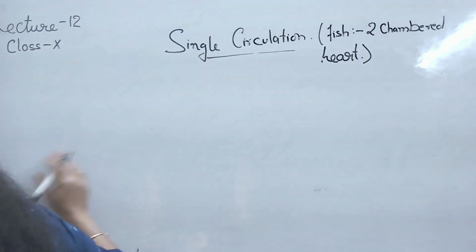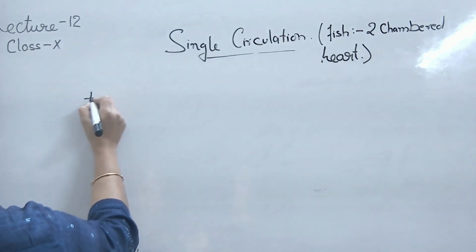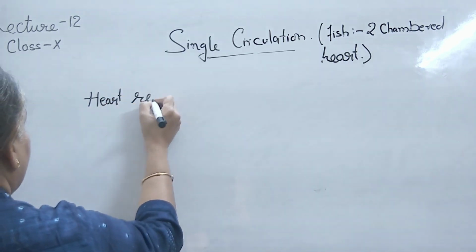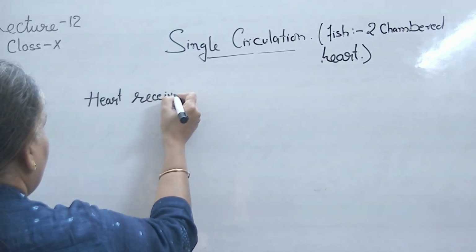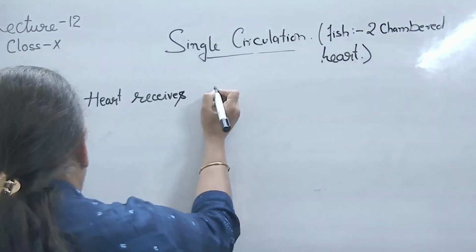See, you write heart receives in single circulation only deoxygenated blood.